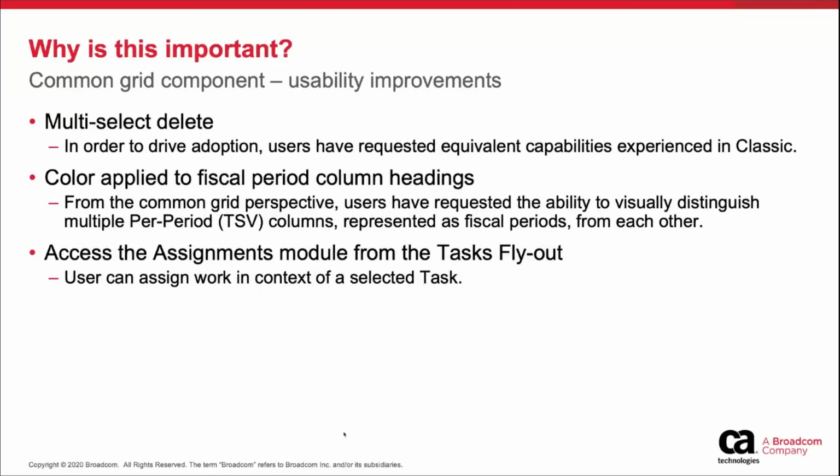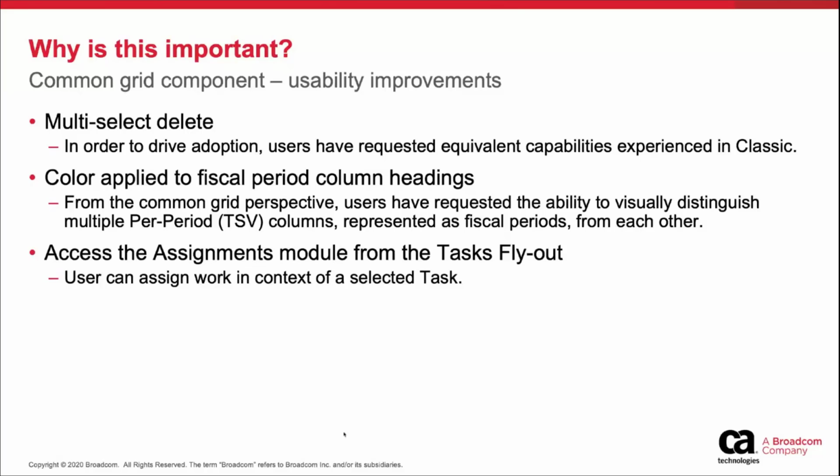Color applied to fiscal period column headings. Users have requested some capability to help them visually distinguish multiple TSV columns represented as fiscal periods. Just help them discern them differently.